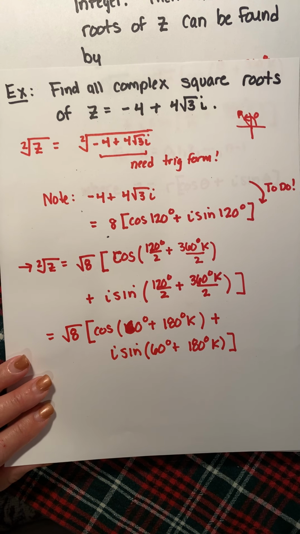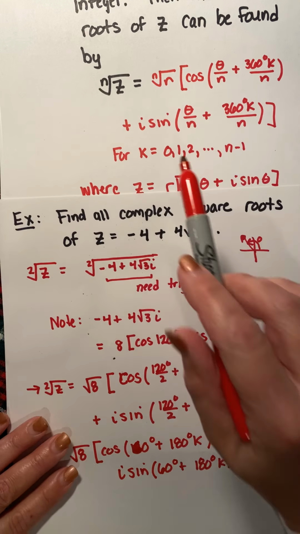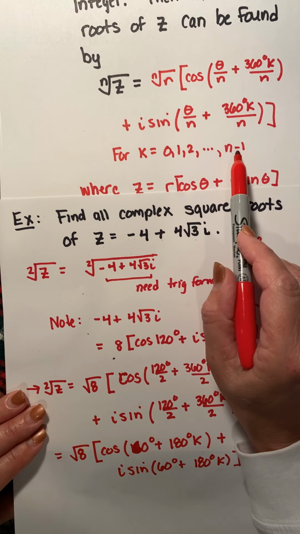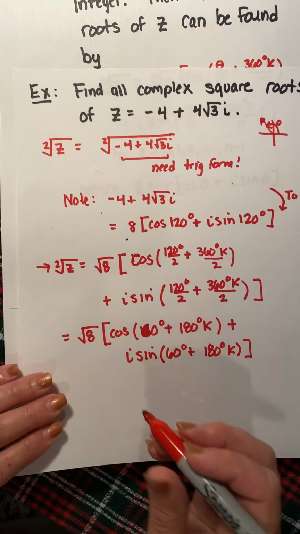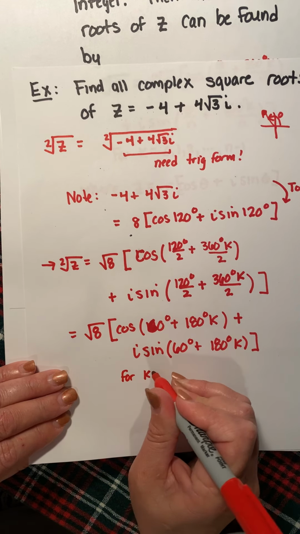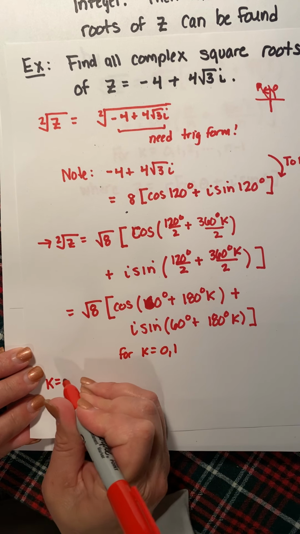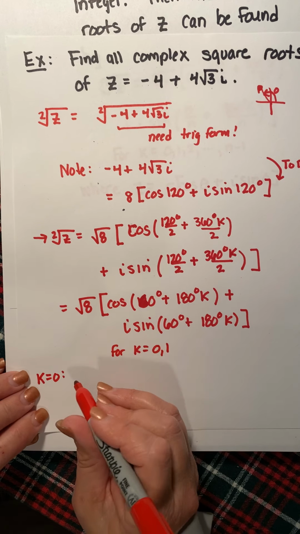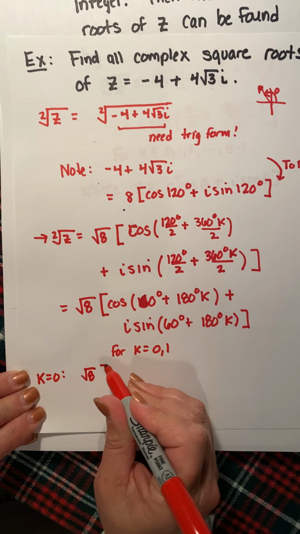If k equals 0, we're going to get our first root, which would be the square root of 8 times the cosine. Well, if k is 0, this term disappears and it's just 60 degrees. So it's 60 degrees plus i sine of 60 degrees. Now remember, we started with a complex number in standard form, so we want to write our answer in standard form.